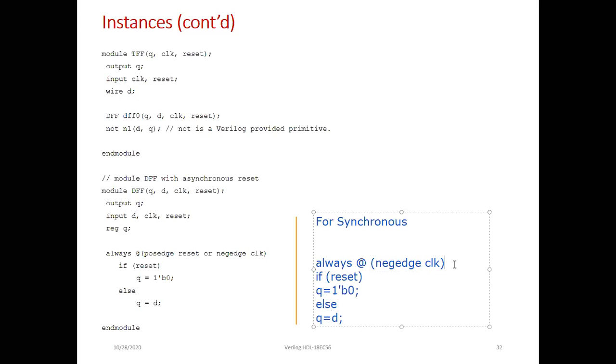You may think there is no begin here. Why is the begin not written? The system considers the complete if statement here as a single statement, because it is if-else. So it is considered a single statement. That is the reason they have not used begin and end.